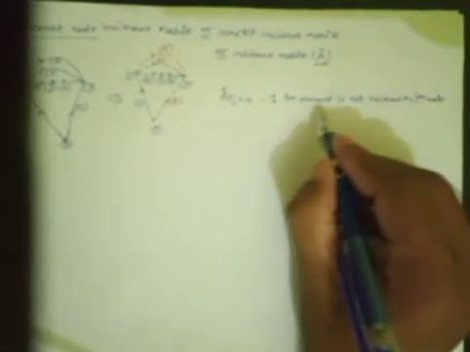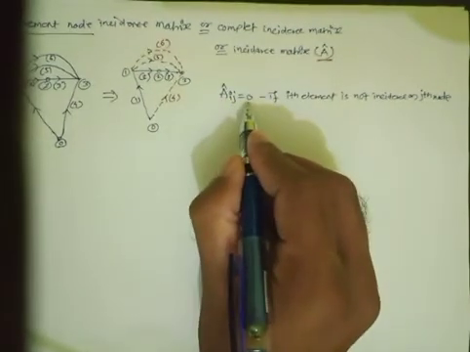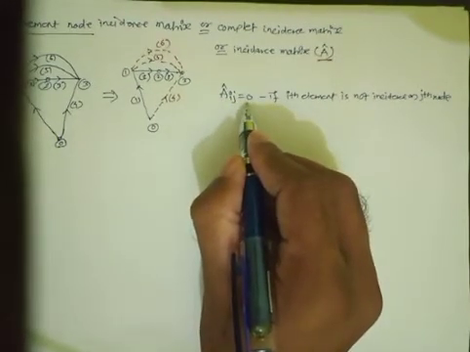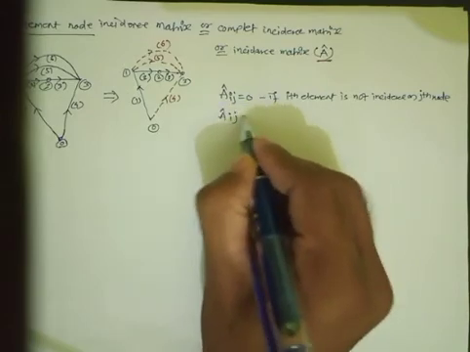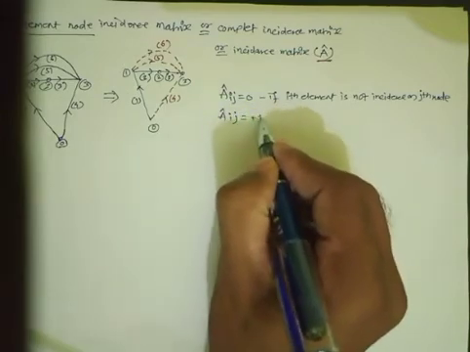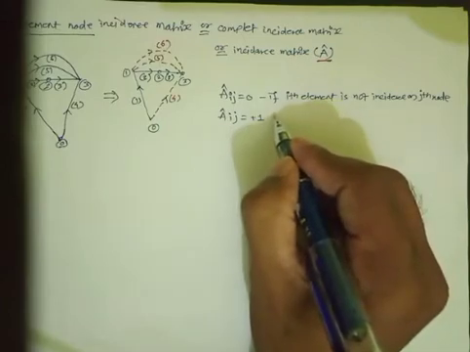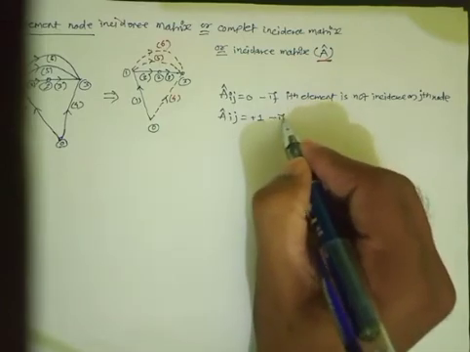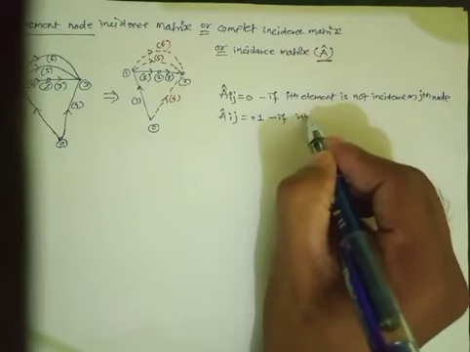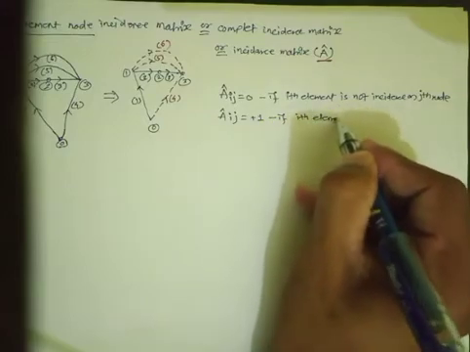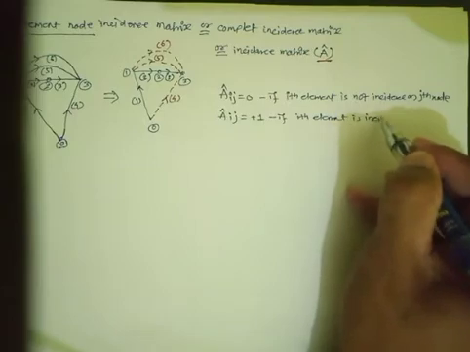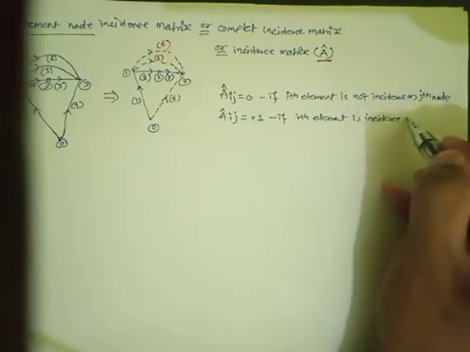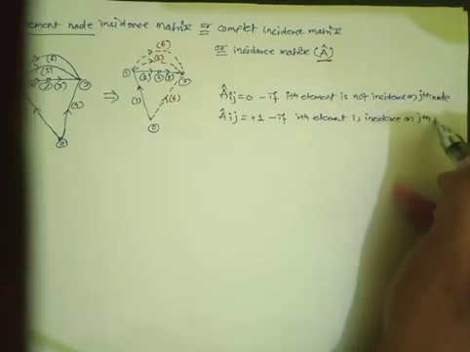Okay, if this ith element is not incident on jth node, in that case A cap aij element will become 0. Okay, and A cap aij will equal to plus 1 or 1 if the ith element is incidence on jth node.